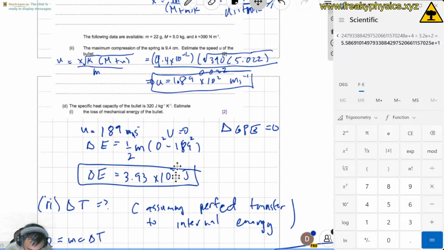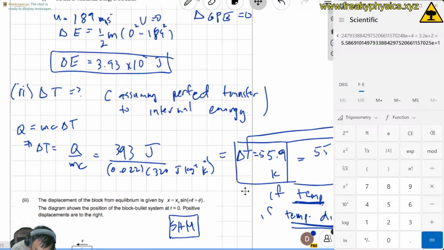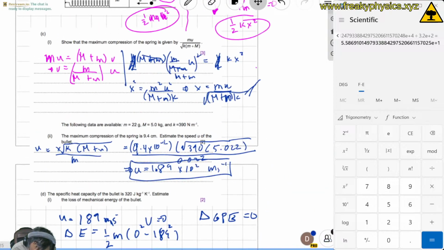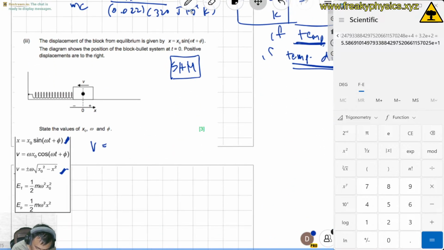So let's do that bit by bit. So what is v? We know that v here would be equal to, let's go back here, small m over the sum times u, and we know u.